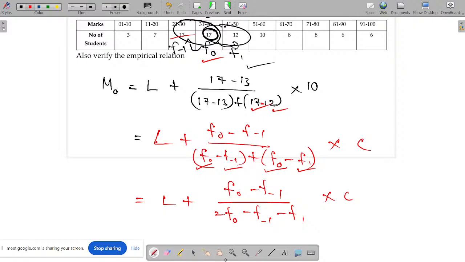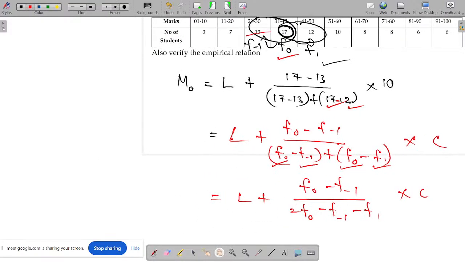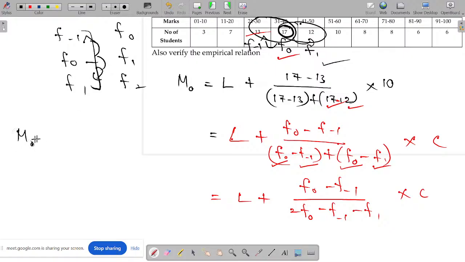I can do it this way. Or if you are getting confused with F naught, F minus 1 and F1, what I usually do is take this as F1, this as F2, and this as F naught. We'll go in order. So here I'm taking this difference and this difference. In the denominator, I add them. So I can write modal is equal to L plus, instead of F naught, taking this value, F1.